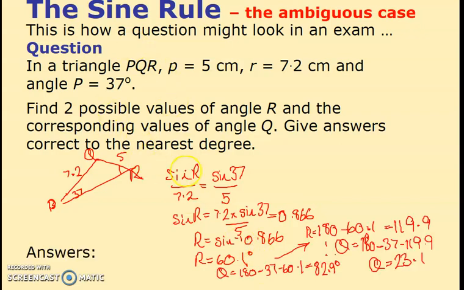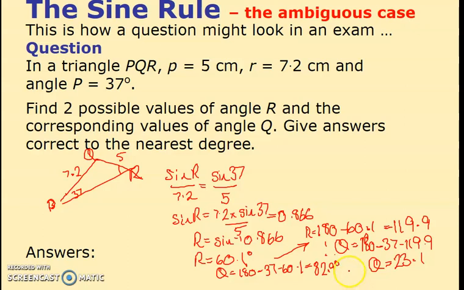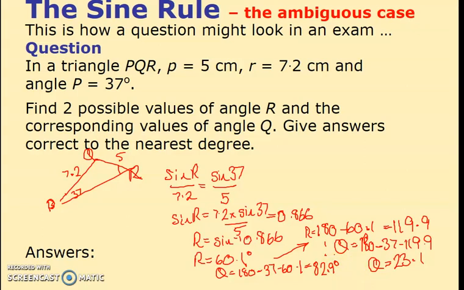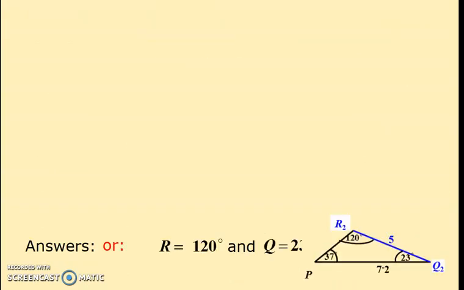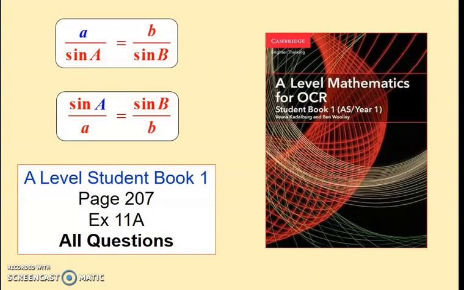So I've quickly written all this on. You got 60.1. I found 180 minus it to get the next answer, and then found the Q. So just be aware then. I want you to do these questions. Page 207, have a go at them. Exercise 11A, and good luck.